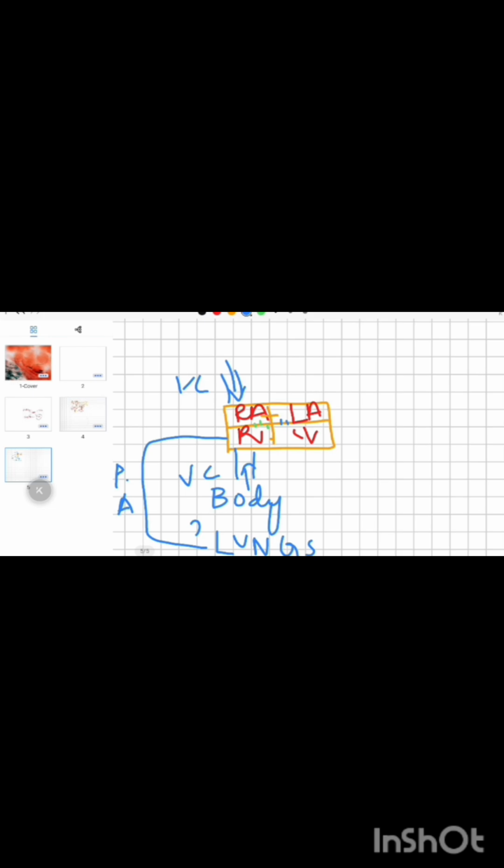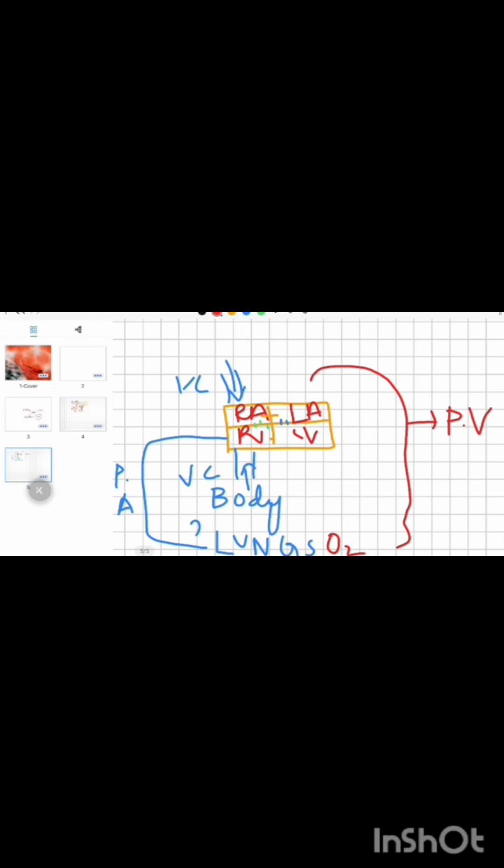Okay. So now from the lungs, the oxygenated blood now has to go and reach all other organs of the body. How does it go? Through the pulmonary veins. So here is a twist. These pulmonary veins carry oxygenated blood.